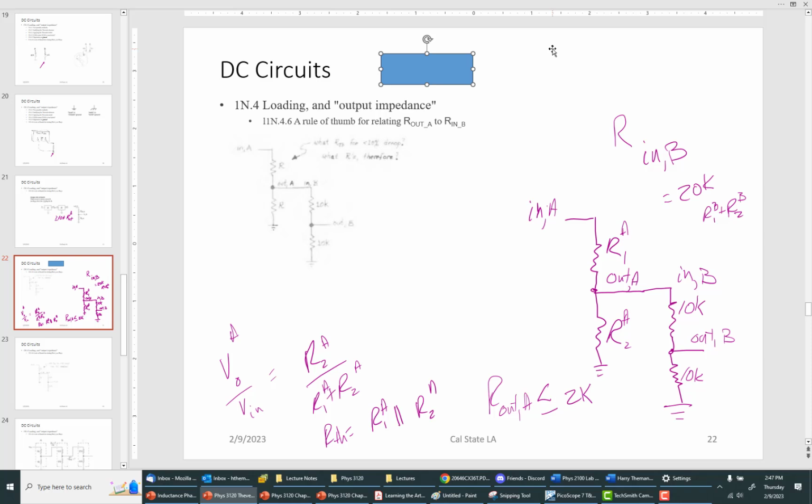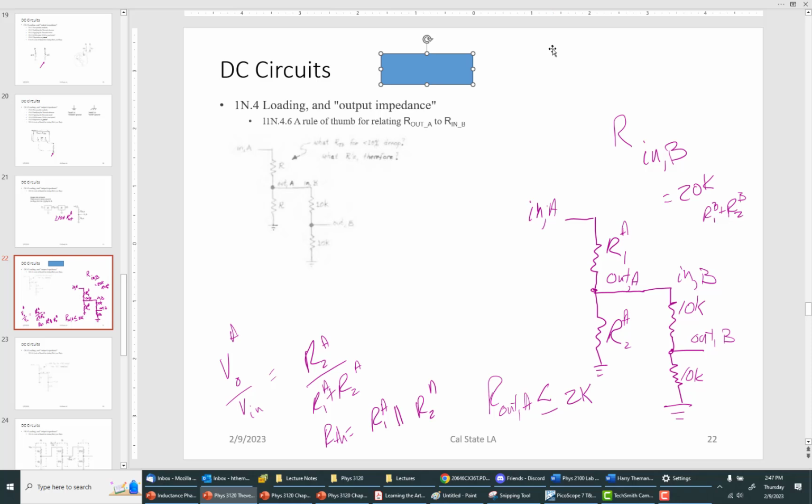So we need the input impedance of B to be 10 times the output impedance of A. So we determine that B is at 20K input impedance. So that means then the output impedance of A has to be less than or equal to 2K.